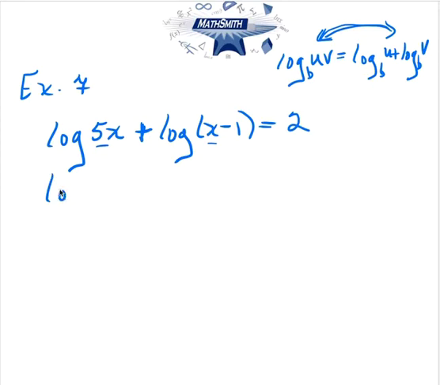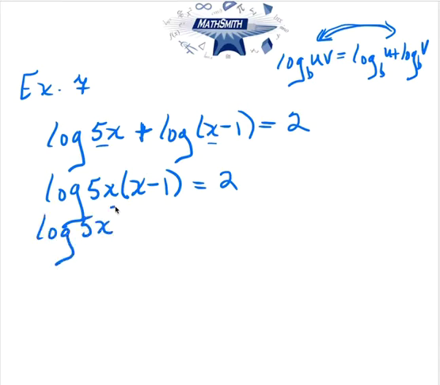So this is the same thing as log of 5x times x minus 1 equals 2. And if I go ahead and distribute, this is going to be log of 5x squared minus 5x equals 2.